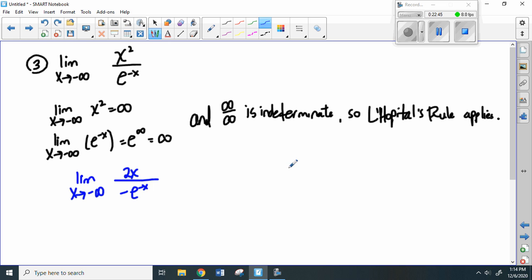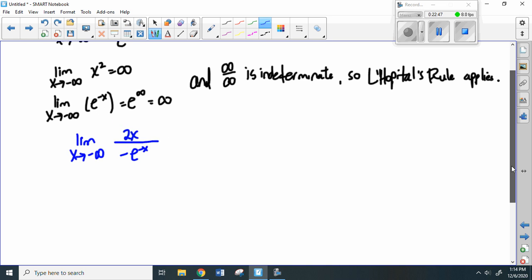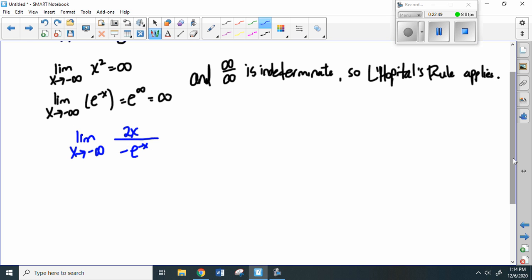The problem with that is I'm going to get negative infinity over negative infinity. So again, I need to somehow show that I'm plugging it into the top and the bottom separately. I'm not actually showing equals negative infinity over negative infinity.